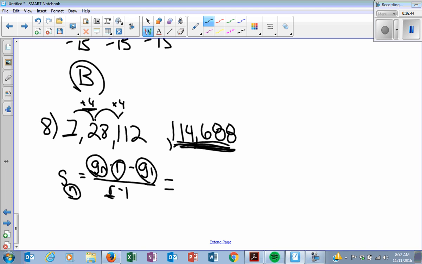I'm actually going to come back to this at the end and talk about how we can find that term number, because that might be something that we need later on. But for this problem, I'm just going to do it the way I need to right now. So I need 114,688, and I'm going to hit times 4, and then I'm going to minus 7, and I'm going to divide by a 3 at the end.